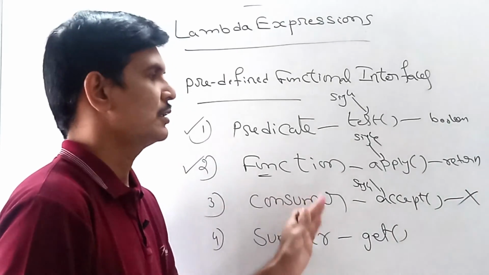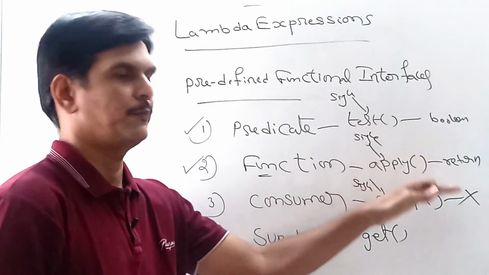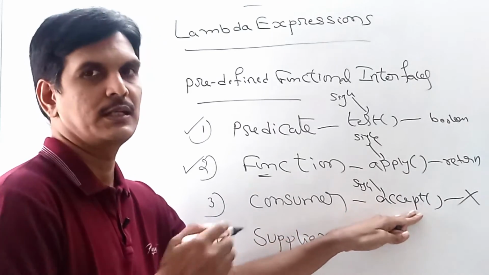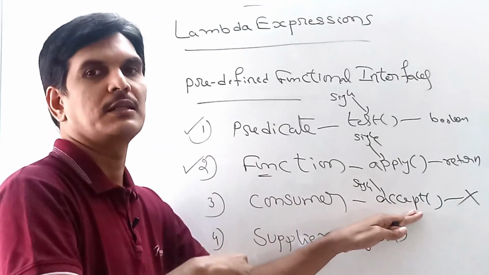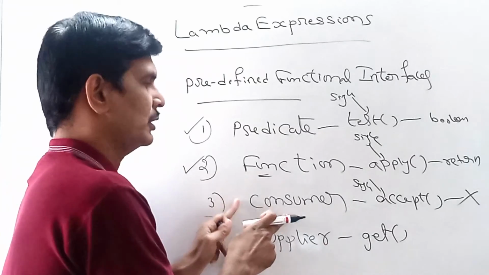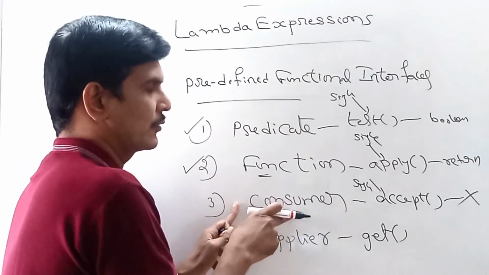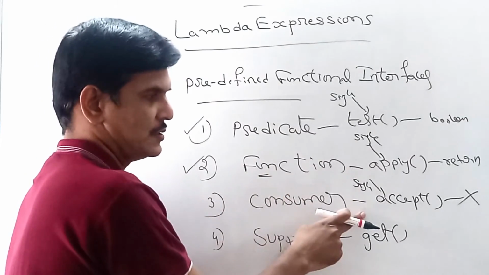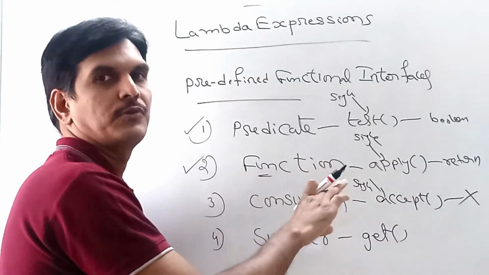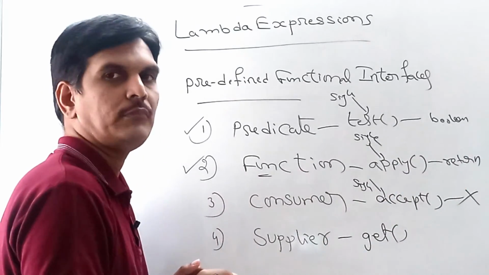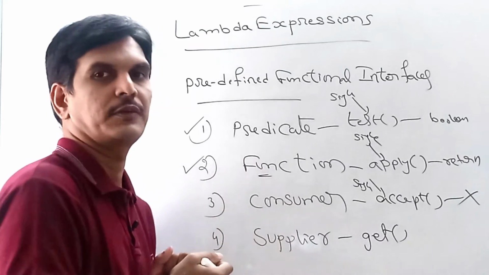It just prints or uses whatever input we have passed into it. It just accepts and consumes it, but doesn't return anything. In those cases we can go for the consumer interface.